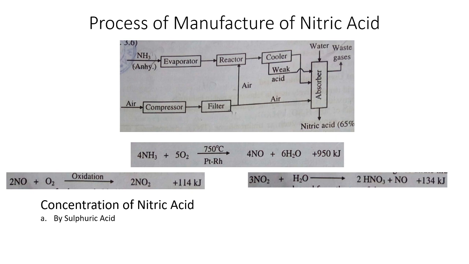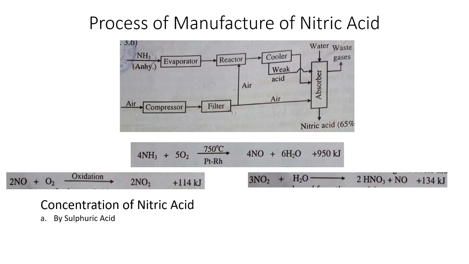Means there is one tower which is filled with silicon iron or stone. From the top you add concentrated sulfuric acid, and the nitric acid, which is 61 to 65% concentrated, is fed just below the top. Means at the top sulfuric acid, then your nitric acid.